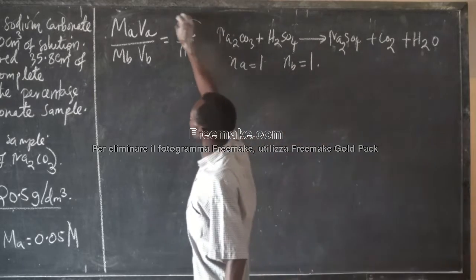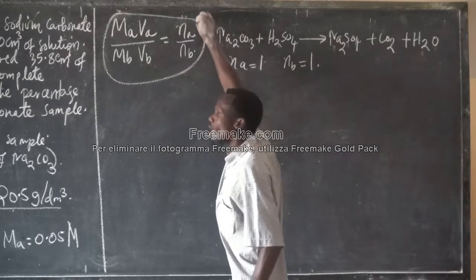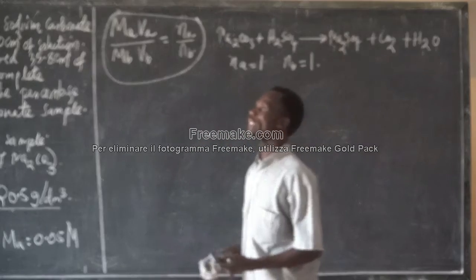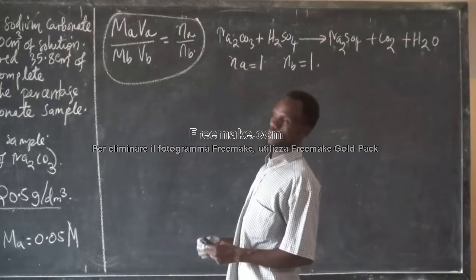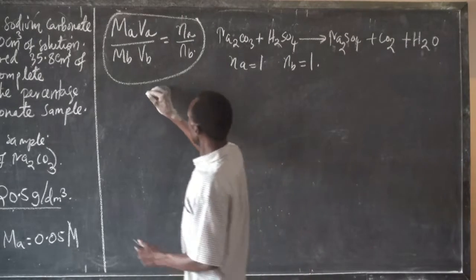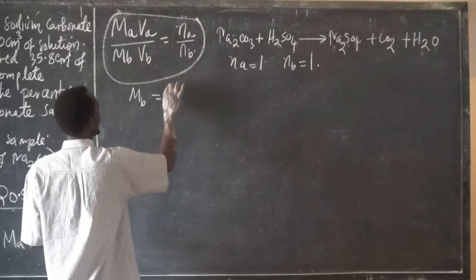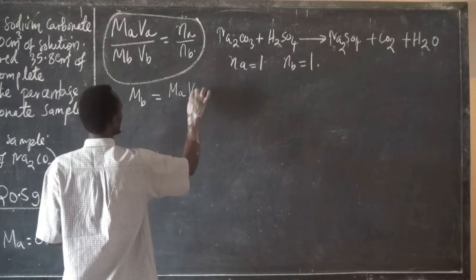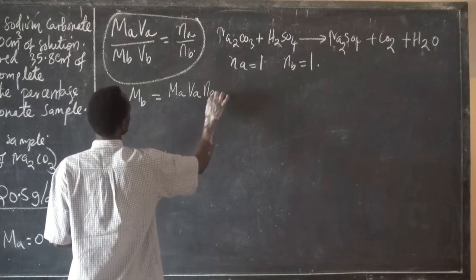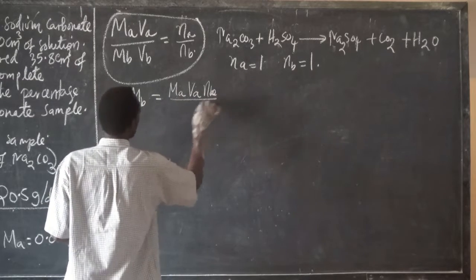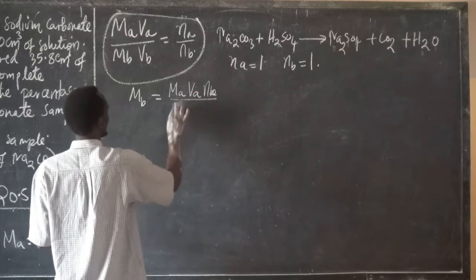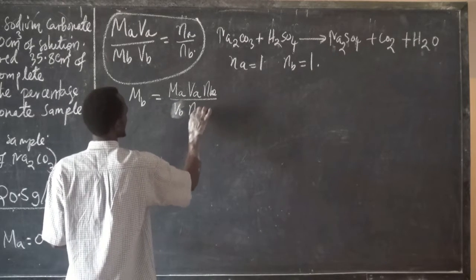Now from this formula, let us determine the molarity of base. Molarity of base is equal to molarity of acid times volume of acid times number of base over volume of base times number of acid.